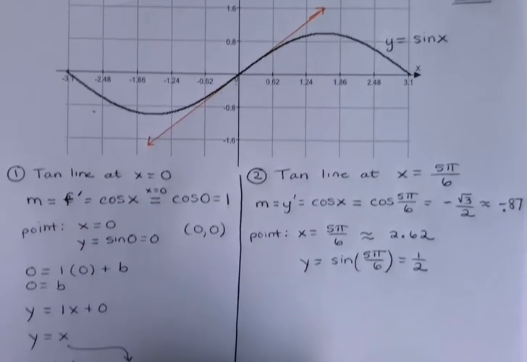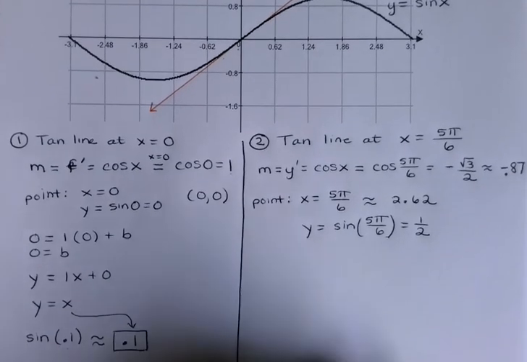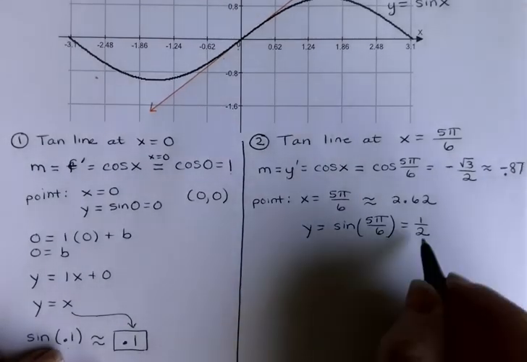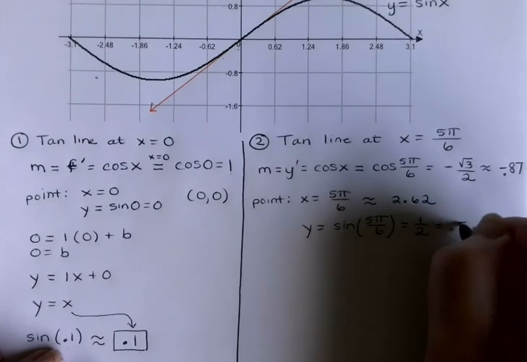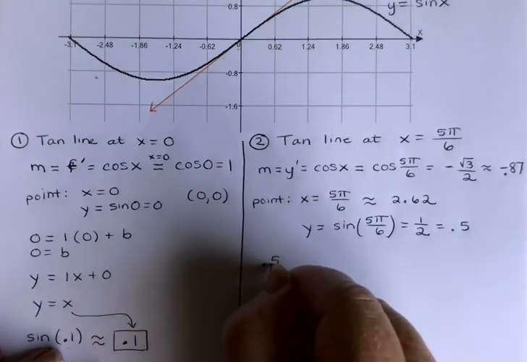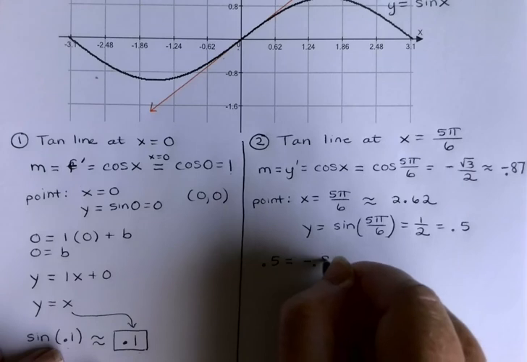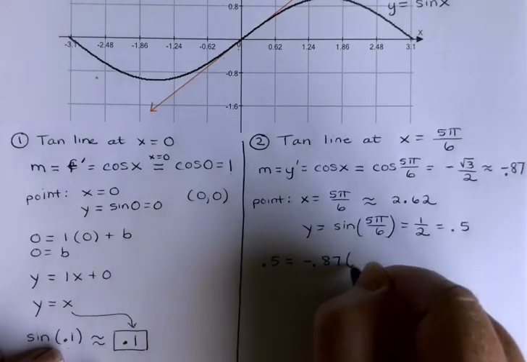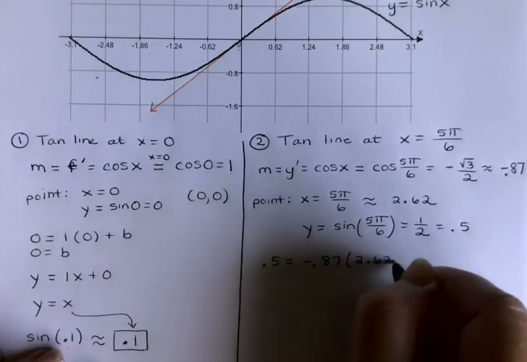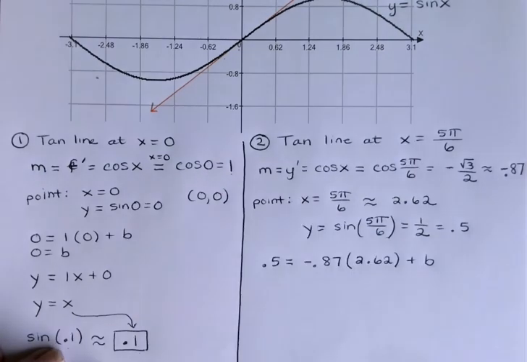So my tangent line, my linear approximation, y equals mx plus b, would be 1/2 or 0.5 if I'm using decimals, equals the slope, negative 0.87, times the x value, plus b.